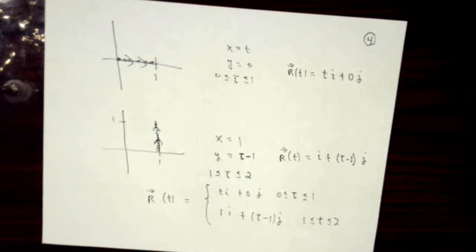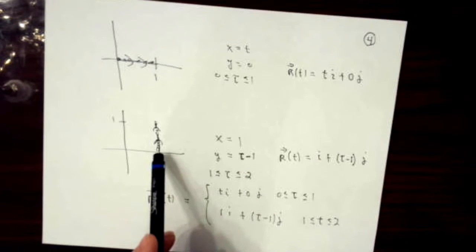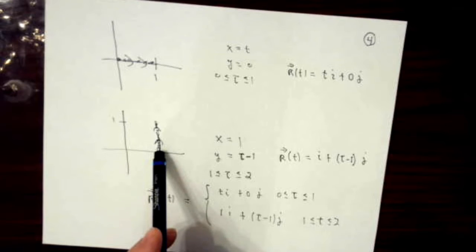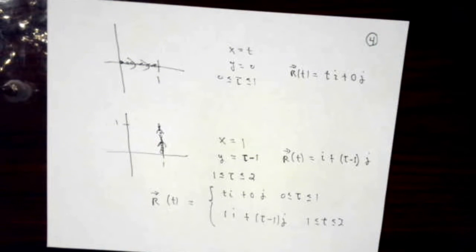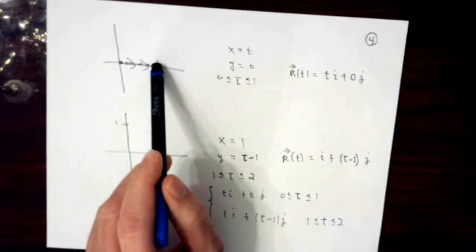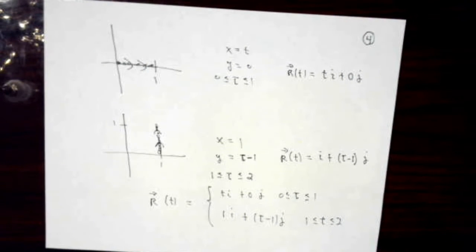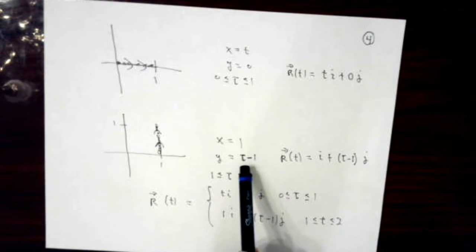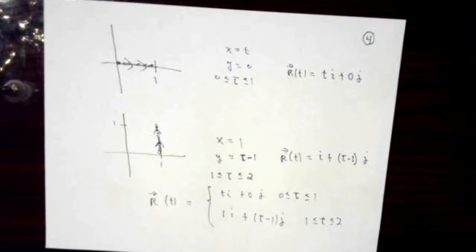I had to fiddle with it a little bit here. When t is 1, that's going to make the y-coordinate 0, which will make you be at this position, which is where you want to be, because that's where you stopped here. If I want to allow the y to increase until the y-coordinate's 1, I would want some t value so that t minus 1 was 1.